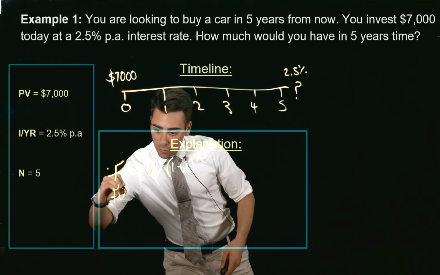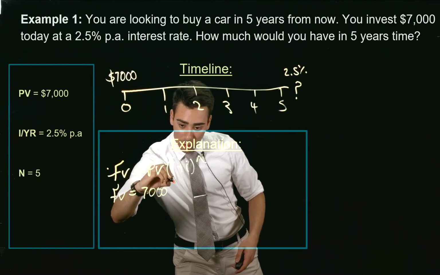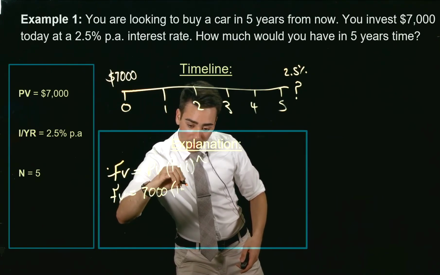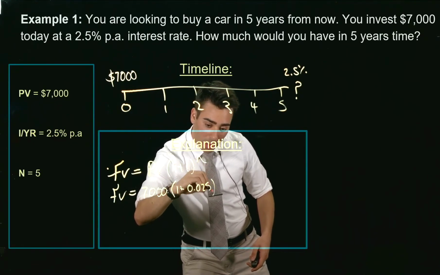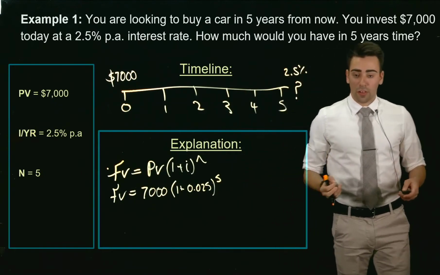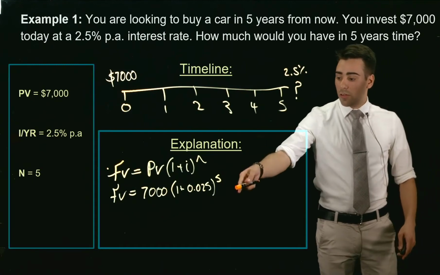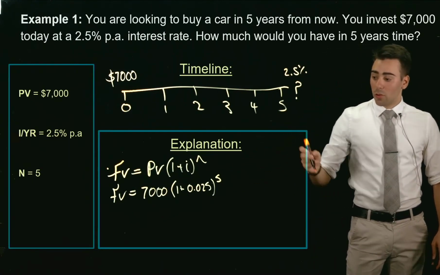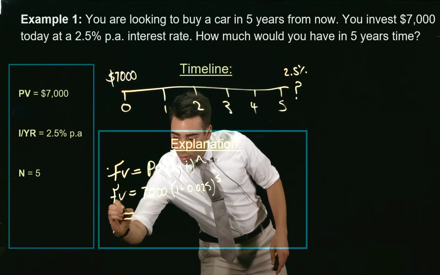So remember that our PV was $7,000 and our interest rate was 2.5% and our N was 5. With this formula as well, we have to express our interest rate as a decimal. So 2.5% becomes 0.025. Then we can continue on.